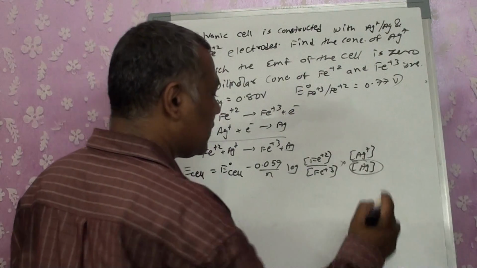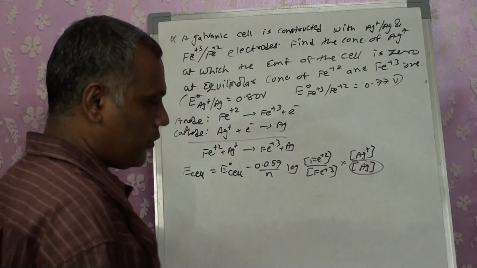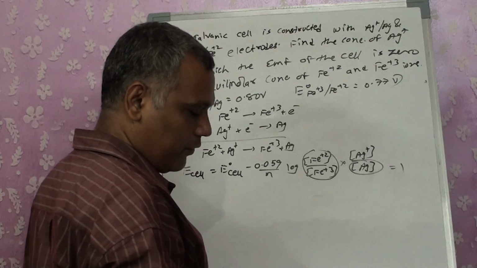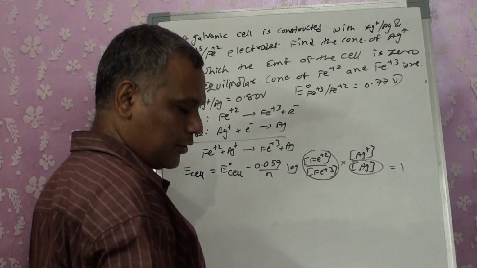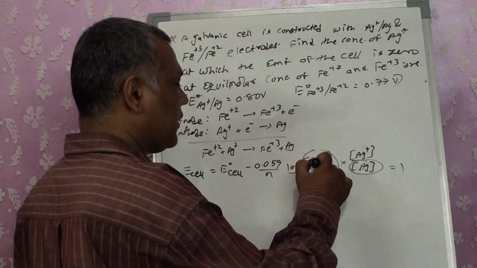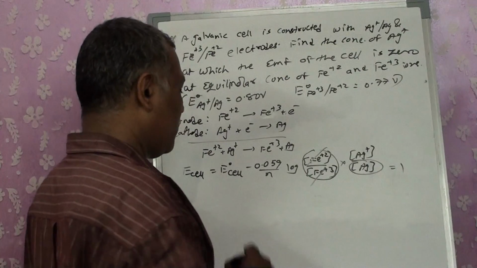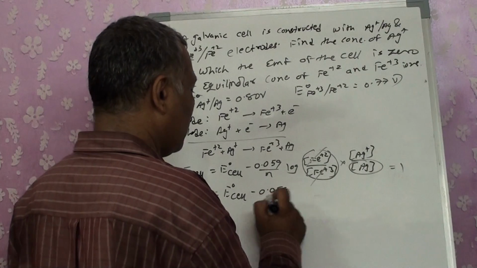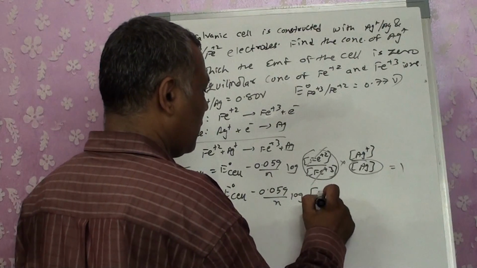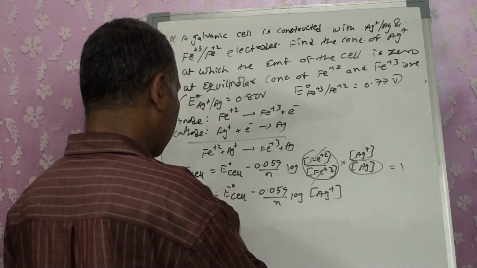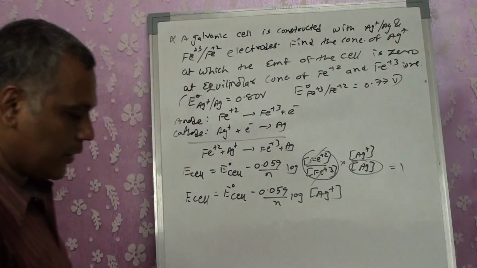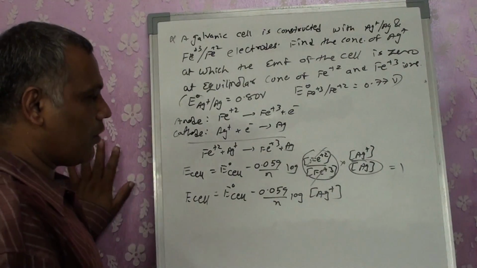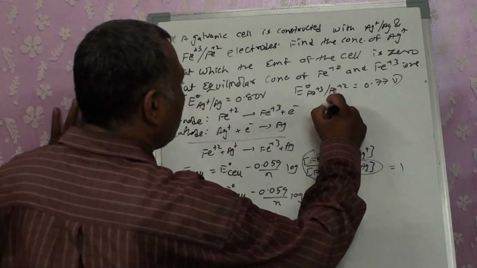But we know this is in the solid condition, so its value is going to be 1. These are equimolar concentrations, so they will be cancelled out. So we get E cell is equal to E naught cell minus 0.059 by n log Ag plus. Now let's calculate E naught cell.